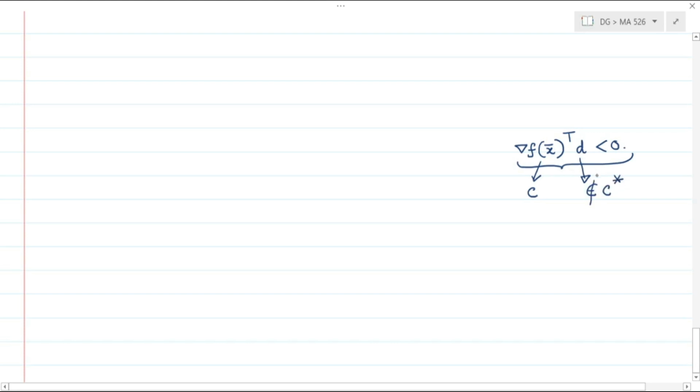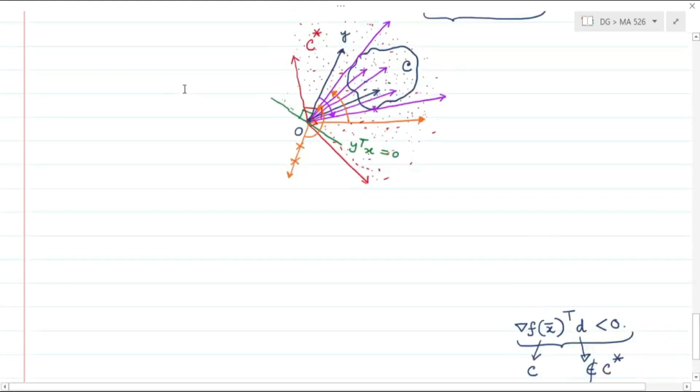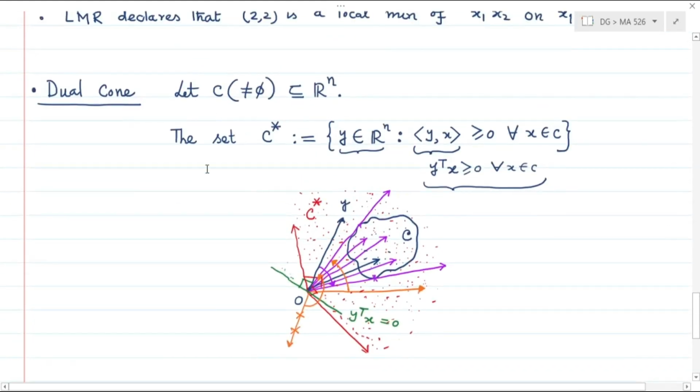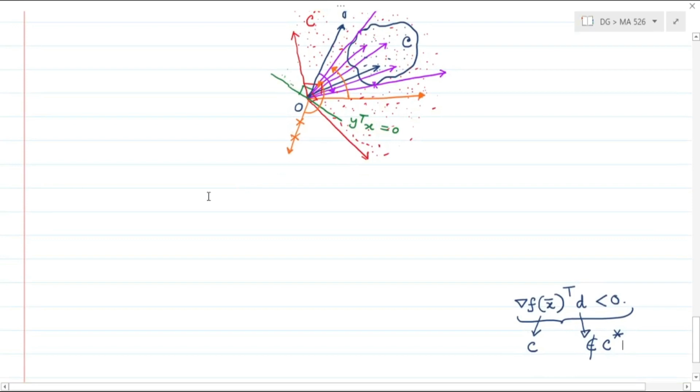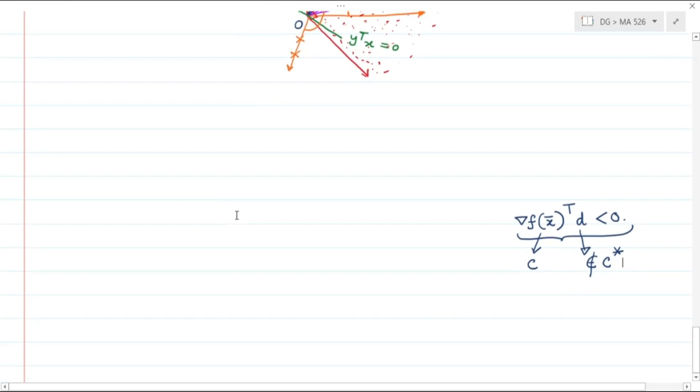So somehow the notion of descent, the direction in which you may be tempted to move ahead to reduce your function, is obviously not in the dual cone of the set C, which includes the vector grad f x bar. Right? And that's why this dual cone is needed. With the help of the dual cone, we'll have several geometric optimality conditions, from where we will have algebraic optimality conditions. Let me now consider a few examples where the dual cones are to be identified.